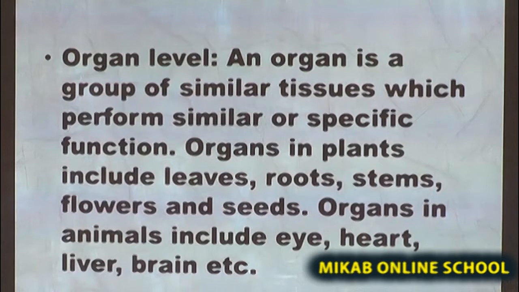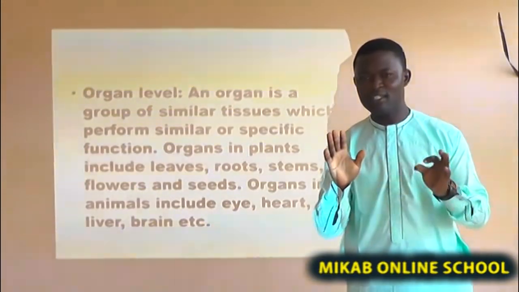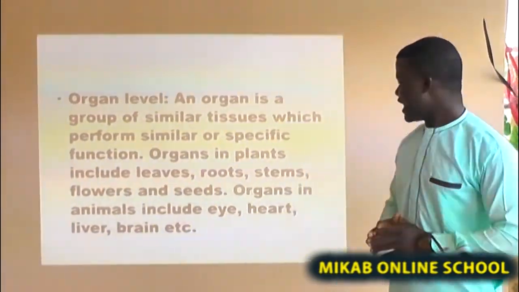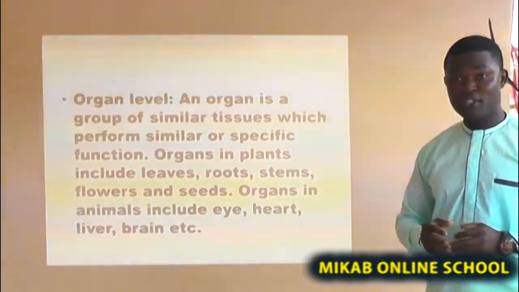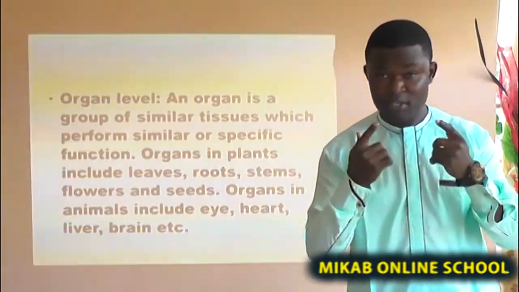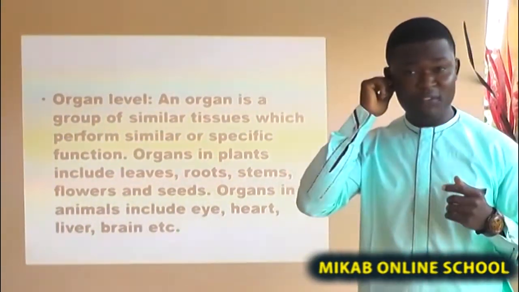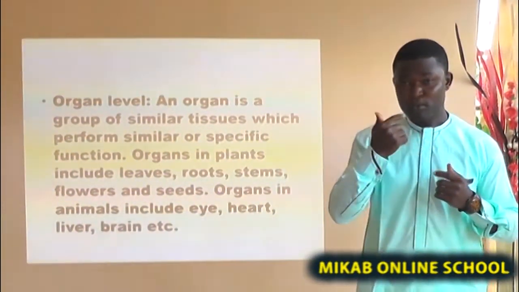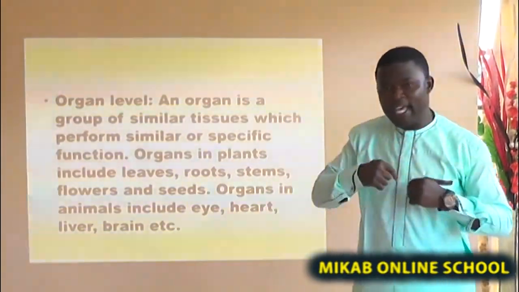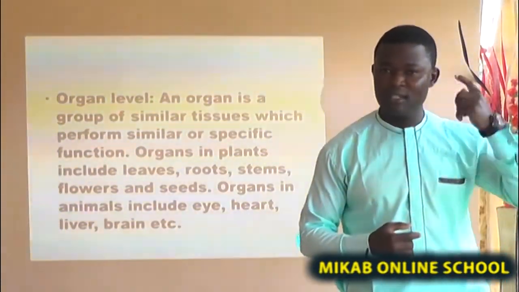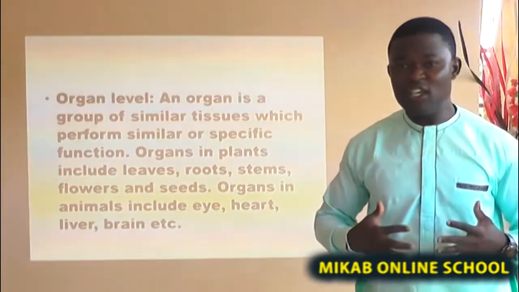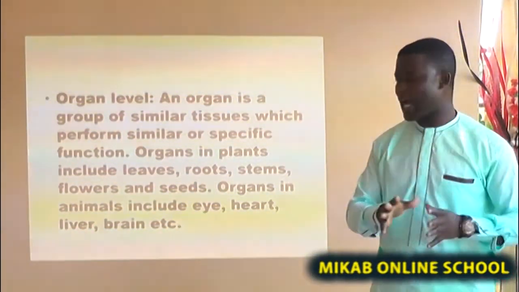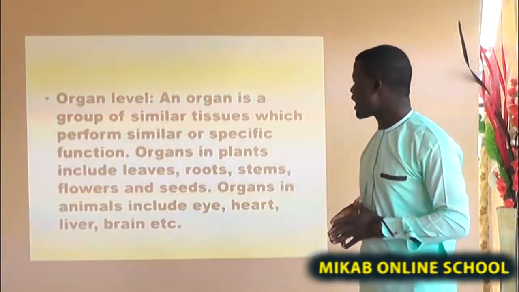So whenever you draw a plant and you are labeling parts of it, all those parts you are labeling are the organs. Then, in the case of animals, with humans as an example, a human has an eye, ears, nose, tongue, and also other internal organs such as the heart, the brain, the lung, the liver, etc. So these are examples of organs.